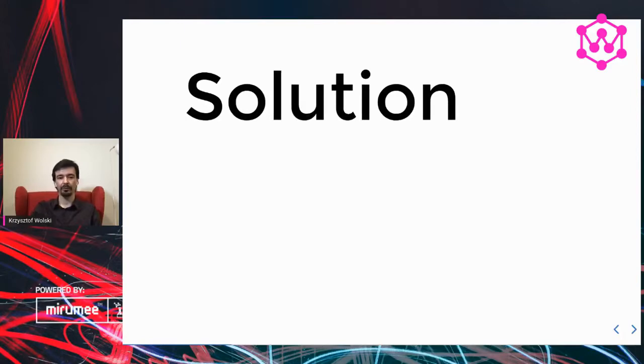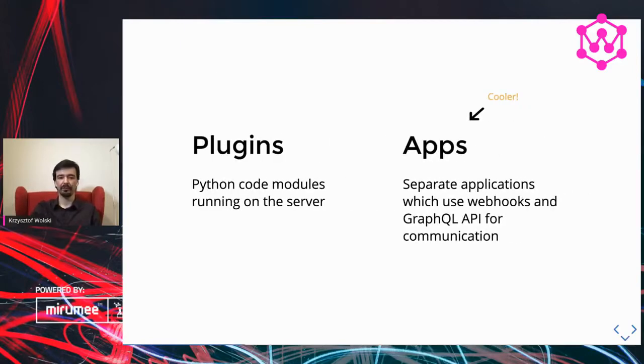We have two solutions to address that. First are the plugins. We created an internal API, which is documented, and developers can use it to create their own plugins, which will be run on their own servers. And there are apps, which are cooler, I think.